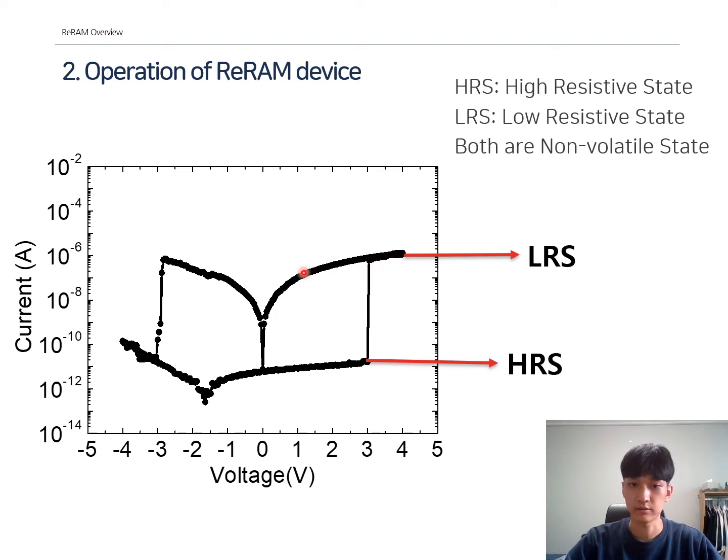The curve is drawn like that, and after the reset voltage, the current decreases by about 3 or 4 orders and becomes the high resistive state. Both states are non-volatile, and we can store information with the high resistive and low resistive states.